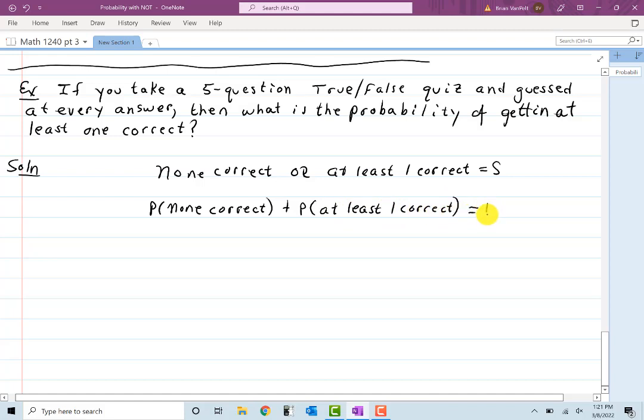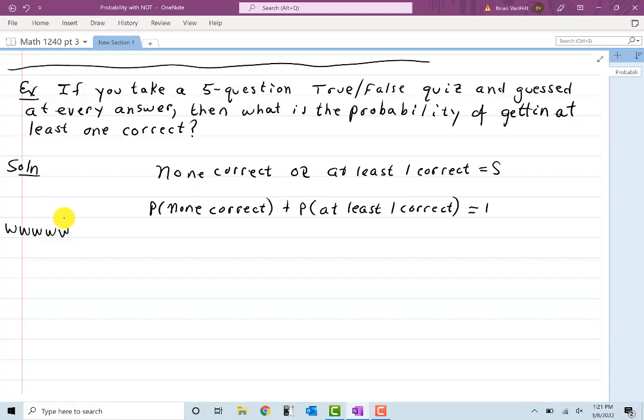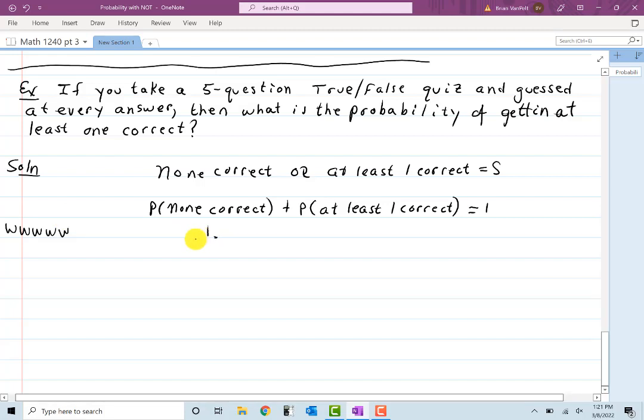equals 1. Now the probability that you get none of them correct means that the outcome that you're looking for had to look like this. I had 5 questions and I got them all wrong. So I had wrong, wrong, wrong, wrong, wrong. 5 wrongs, and that is the only one outcome that has 5 W's. So this is 1 out of, since there's 5 questions, this is 2 to the 5th power. Let me write this down up here.